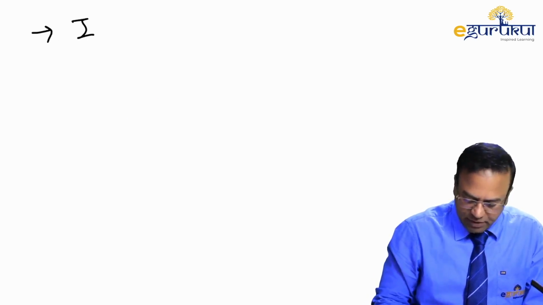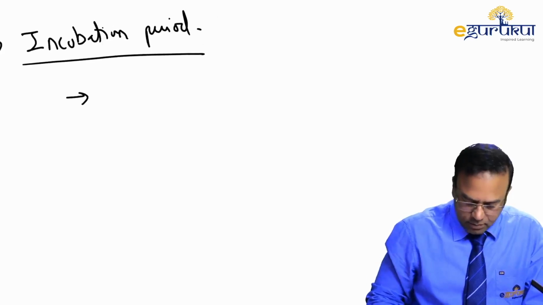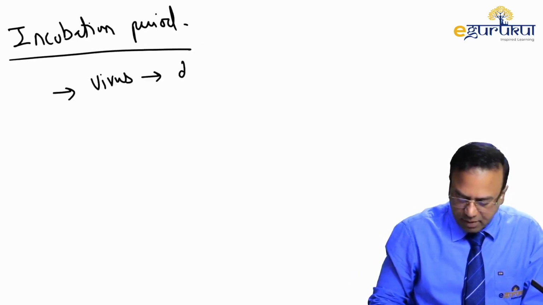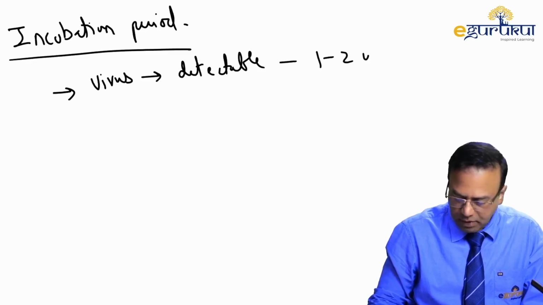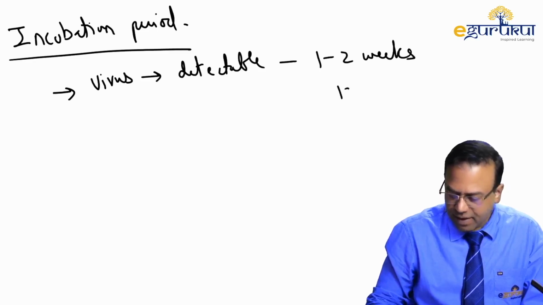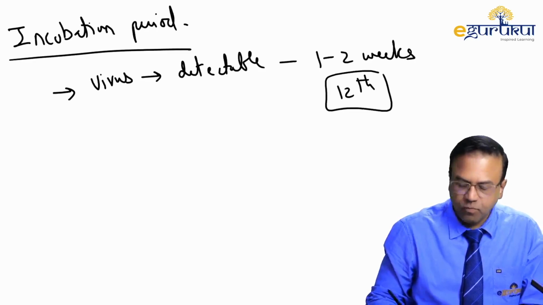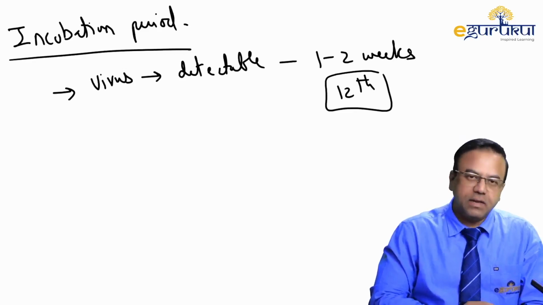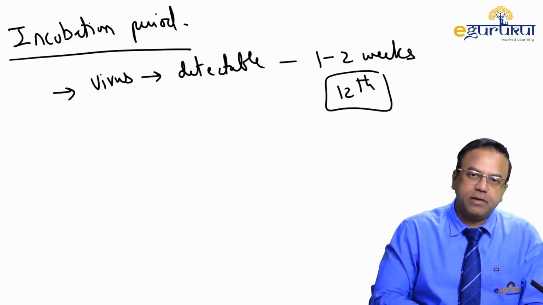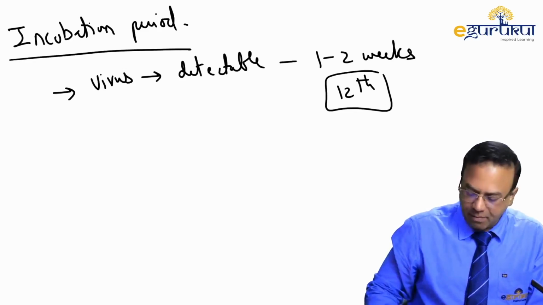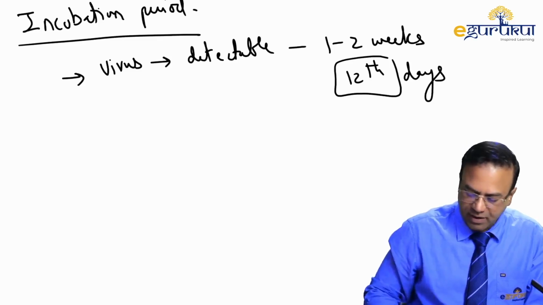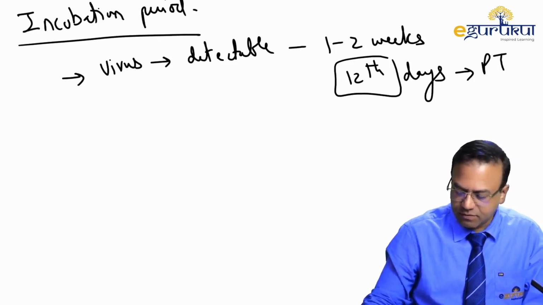The incubation period is roughly around 1 to 2 weeks, and the virus starts becoming detectable in the blood in around 1 to 2 weeks. In fact, as early as the 12th day, we do have RT-PCR that can pick up the RNA in the blood. So basically, the virus becomes detectable by about 1 to 2 weeks, that is roughly around 12 days, with the RT-PCR becoming positive.